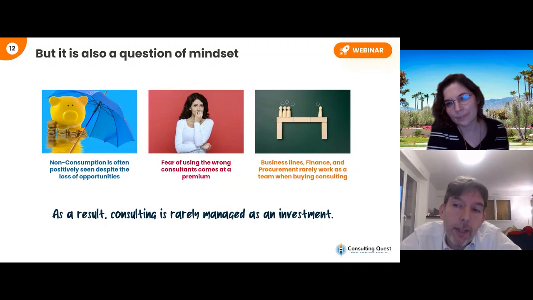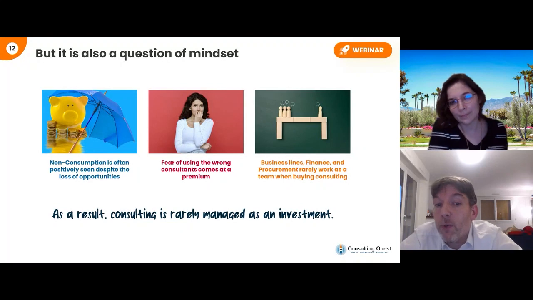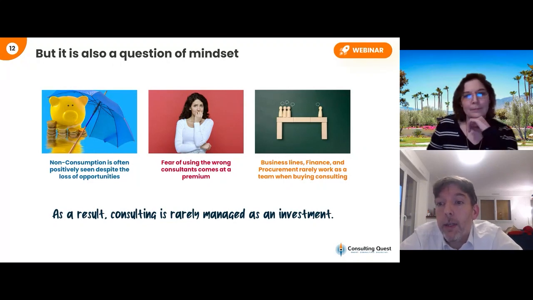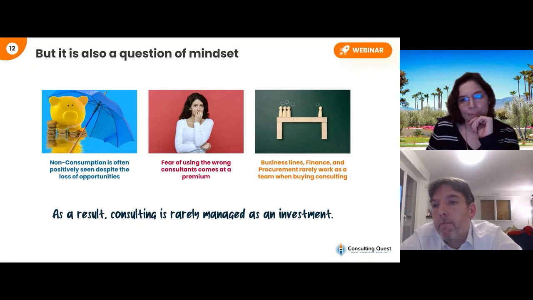And the fact that those teams are not working as an efficient multifunctional team is damaging the outputs. And all in all, when we step back, we can confirm what we were saying in the first place, which is that consulting is in many, many cases not managed as an investment. Because in an investment, you would have your multifunctional team, for instance.